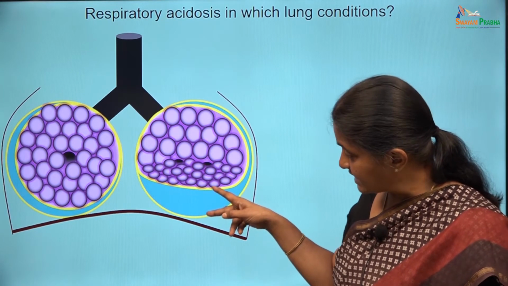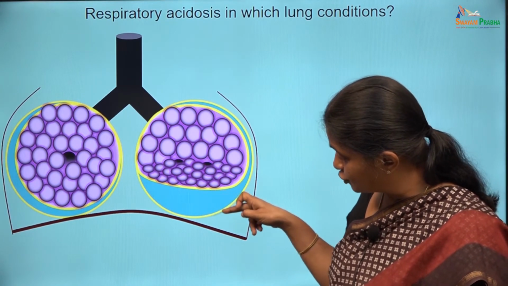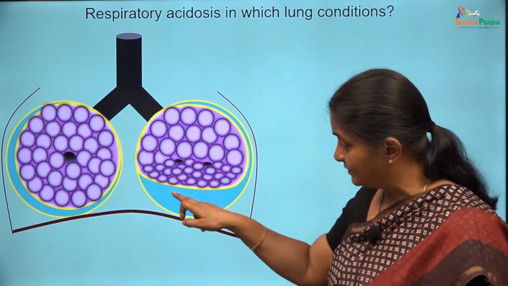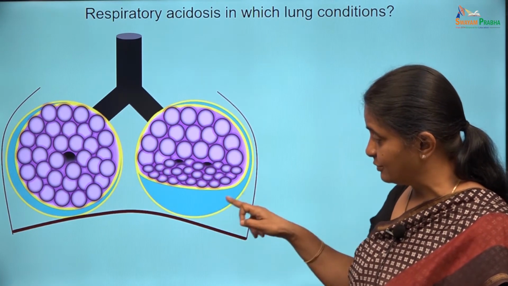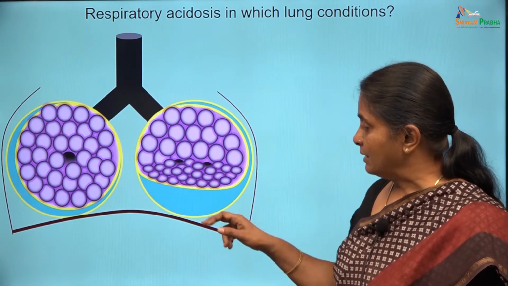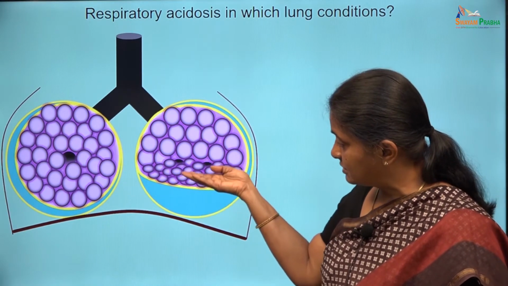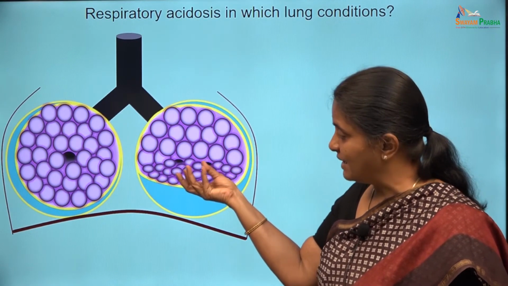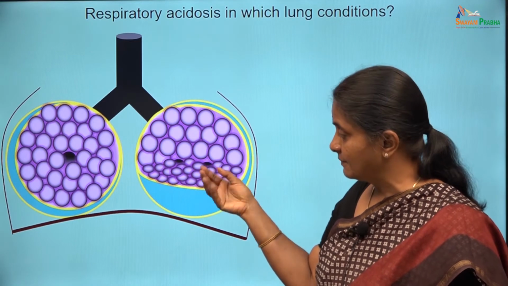If fluid collects between the two membranes lining the pleural cavity, the visceral pleura and the parietal pleura, this is referred to as pleural effusion. If there is pleural effusion, the alveoli in the base of the lung may have collapsed as well.